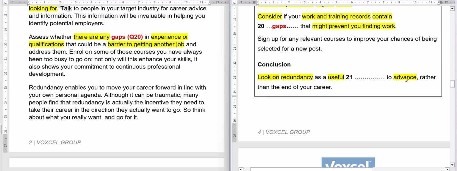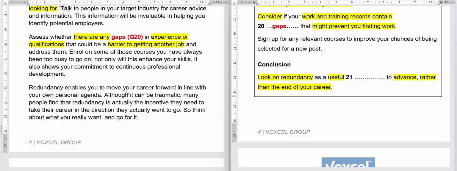Basically, if you are let go from your job, you have to look at this particular position, though it is negative, a hard pill to swallow, as a positive thing to do. So you can advance in your career rather than looking at it bleakly or being too pessimistic about it.